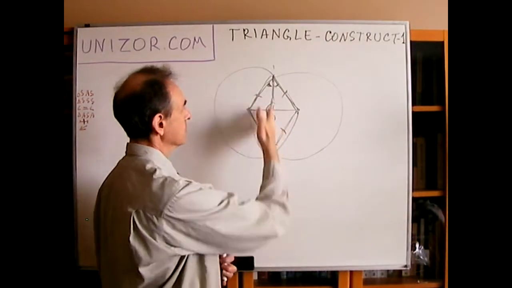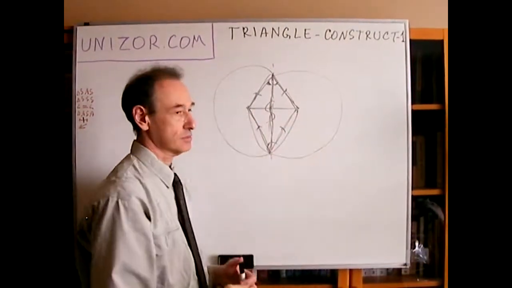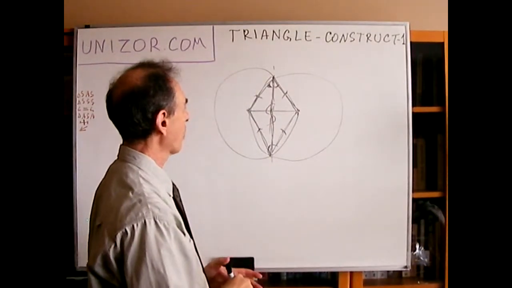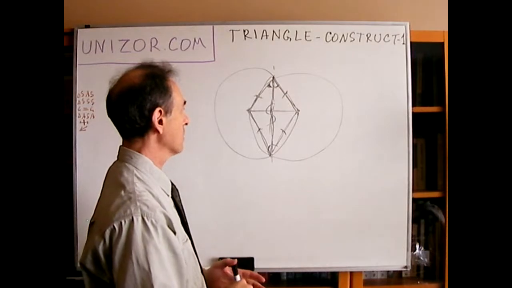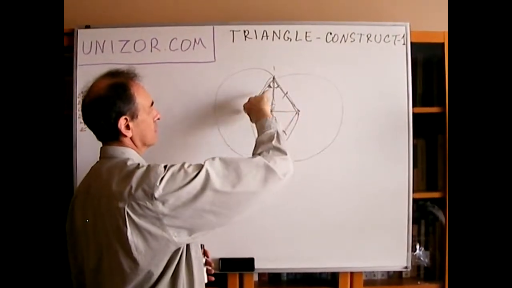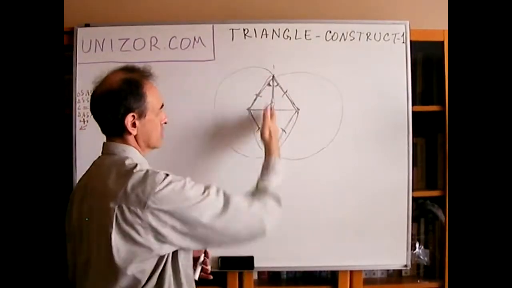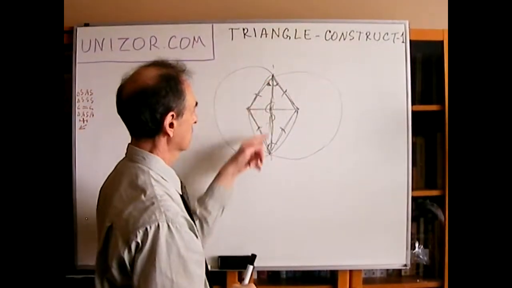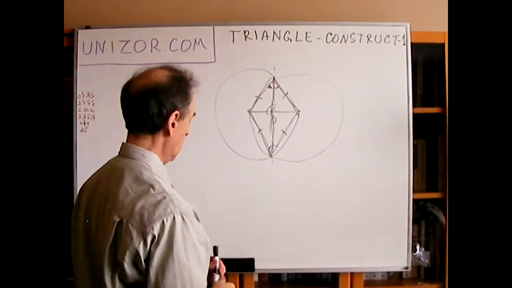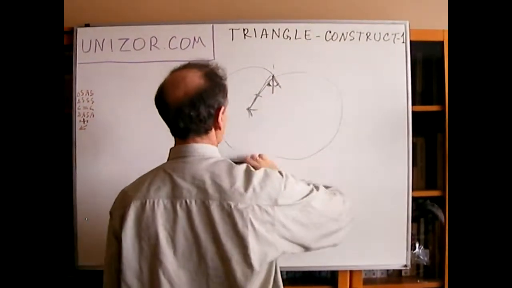So it crosses in the middle and perpendicular to this segment. End of story. We have constructed our perpendicular bisector. So again, we took this radius and made 2 circles from here and from here, and just connected the crossing points with a line. Okay, that's done too.